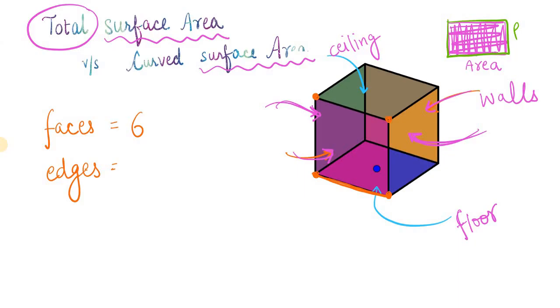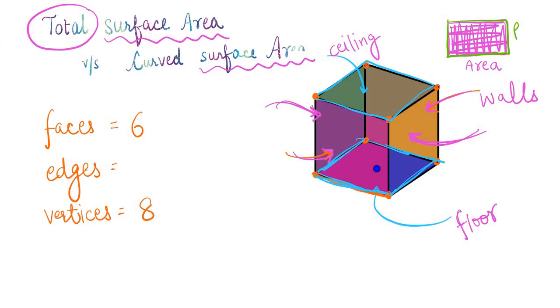So for that I should know how many corners are there, and corners are called vertices. How many vertices does my cuboid have? 1, 2, 3, 4, 5, 6, 7, 8. Now, how many lines are joining these vertices? 1, 2, 3, 4. Similarly, 4 above, 8, 9, 10, 11, 12. 12 edges.